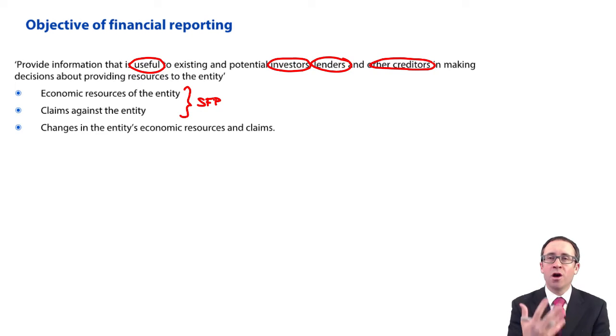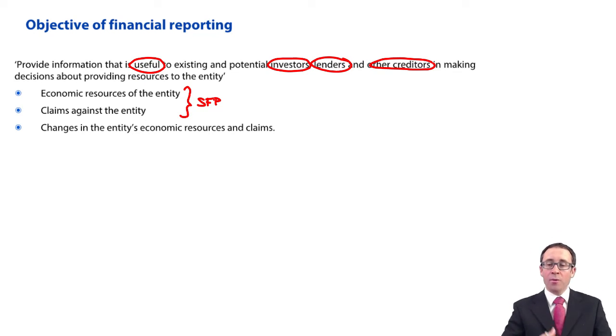So if we have a surplus of assets over our liabilities, then the business isn't necessarily looking to raise additional finance, is it? Because the assets that we have are currently covering our liabilities. So the business is looking liquid from a short-term perspective and solvent from a long-term perspective.